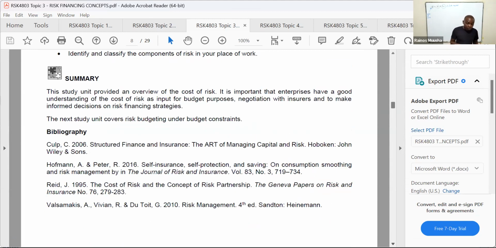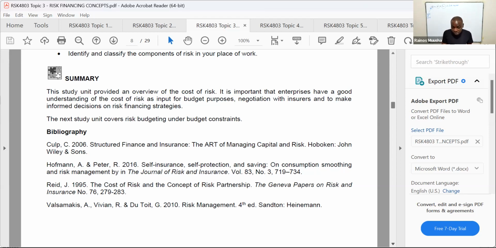Please take note, when it comes to the exam, study unit 8 is a highly examinable study unit. The reason is that you are trying to quantify your risk management and your cost of risk, so you need to understand exactly what quantity you are catering for.